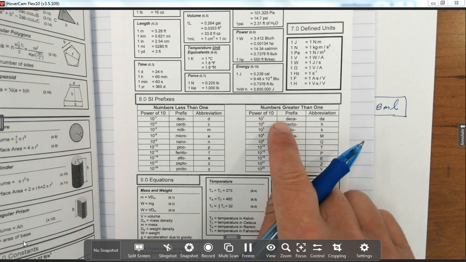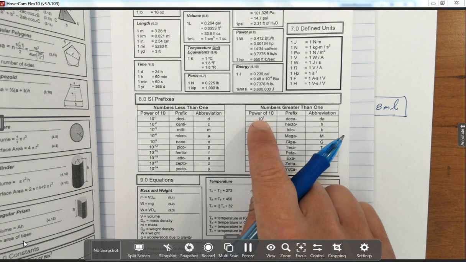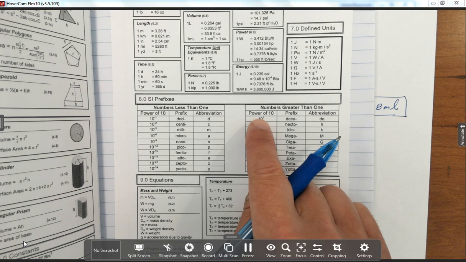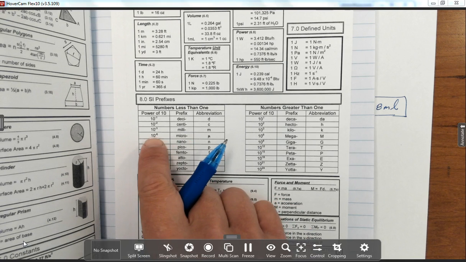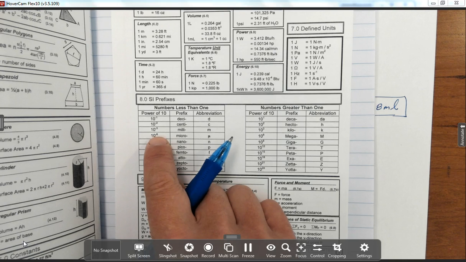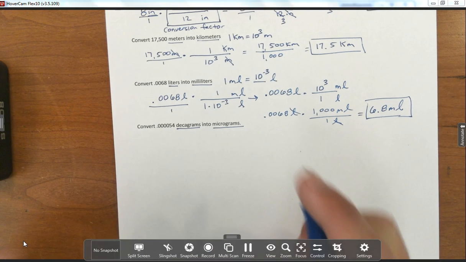So let's record these real quick though. 1 deca equals that many of the base. So you can remember that deca is 10. And then micro, 1 micro equals, it's probably hard to see, but that's 10 to the negative 6 of the base. So a micro is 10 to the negative 6. So let's record those real quick. These are our equivalencies that we're going to use.